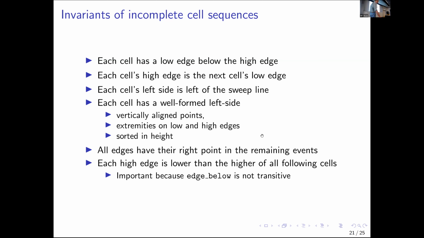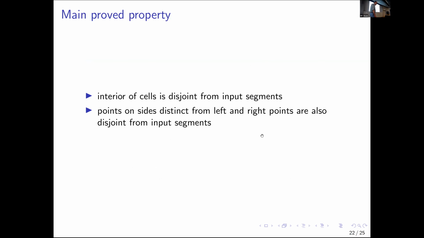So the way the main structure works is that, instead of showing directly that obstacles are disjoint from the interior of the cells, what I first prove is that all the cells are disjoint from one another, and I can attach all the obstacles to the top of the cells.